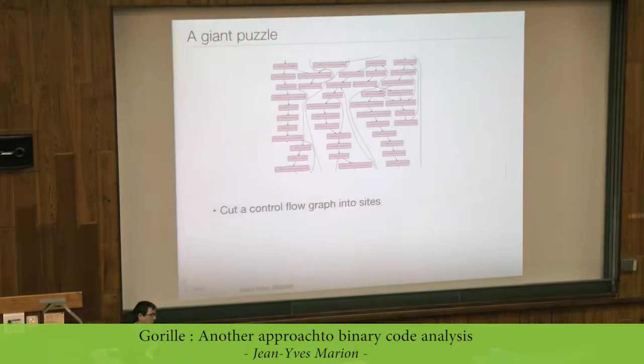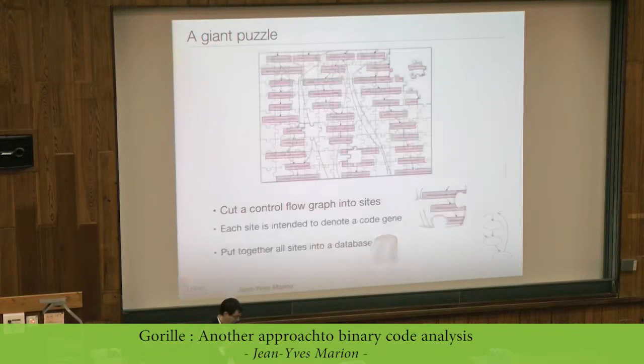You have to work again on this idea, because finding functions or identifying some malware is like a puzzle. And the signature that you build, as I try to explain, is something like that. You have some nodes and you have some edges between nodes, and it's quite large. So it is like a giant puzzle. And one very important point is to cut this very large abstraction of the control flow graph into small pieces.